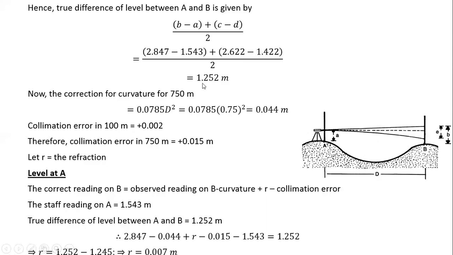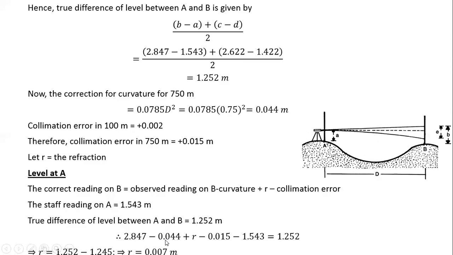That is already calculated in this step. This is 1.25. So starting from the reading at B, I have to find out the correct difference relation between A and B and then equate it to this value here. So this is the correct apparent reading at B, 2.847, as given here.